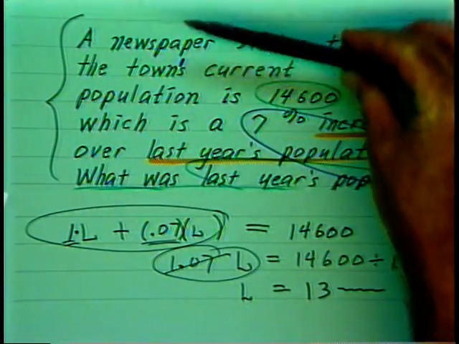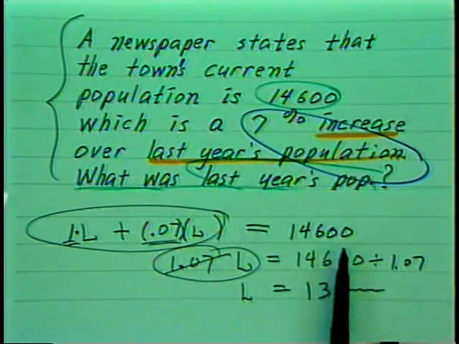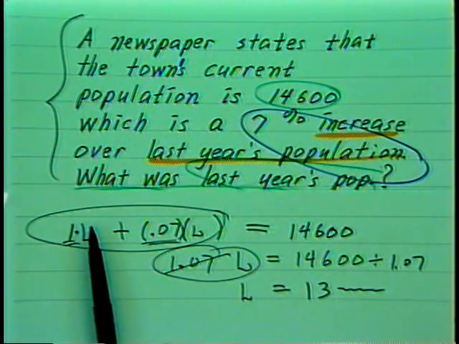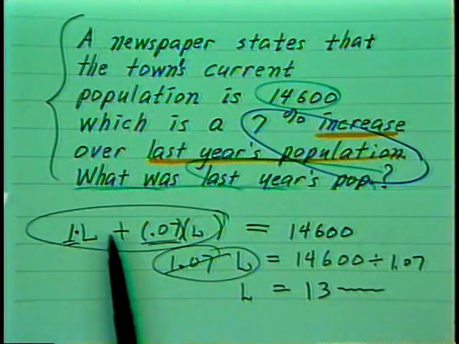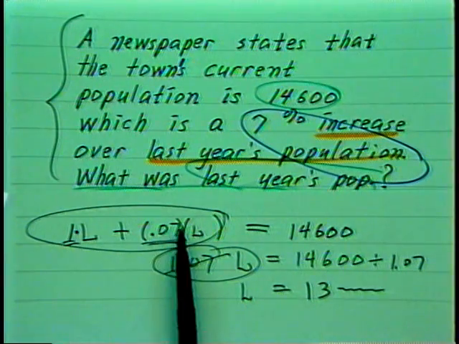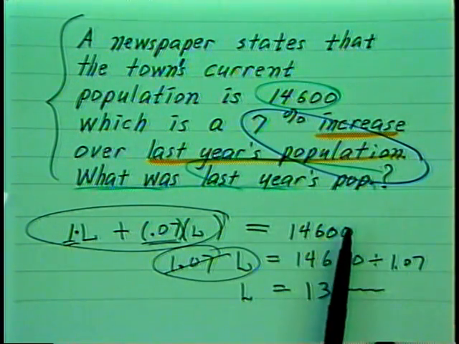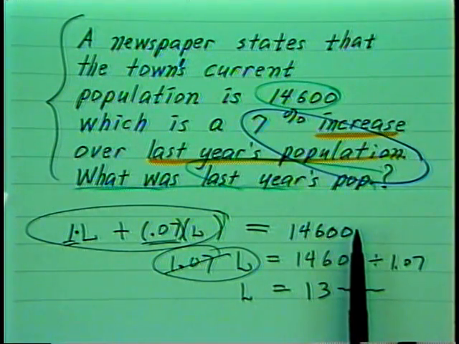But you see how easy it is to restate this now using a broader aspect of algebra than we've allowed ourselves yet? Simply 1 of last year, or all of last year's population, increased by 7% of last year's is this year's, which is 14,600.